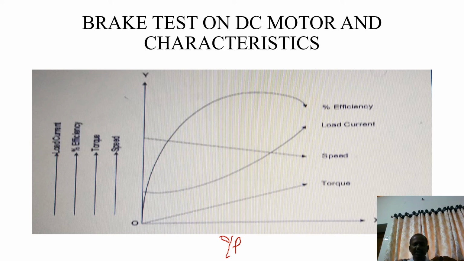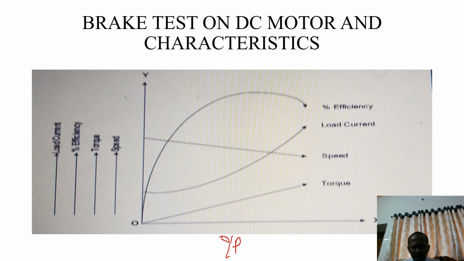Next, efficiency. How do we calculate the efficiency of the DC motor? Output power divided by input power into 100. This is also very important. It varies with the variation of the output voltage and the speed.